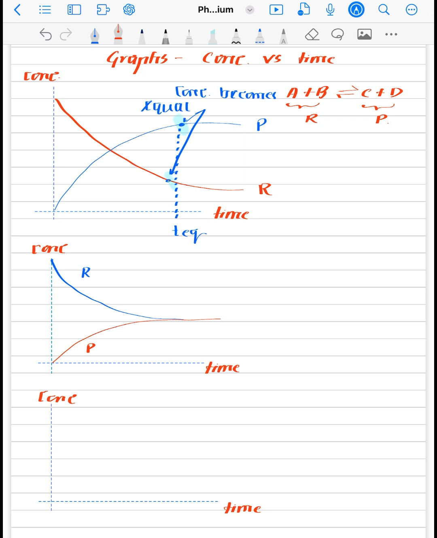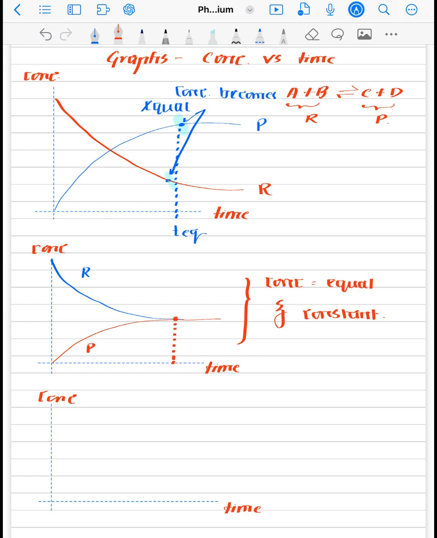In such nature of a graph, one can observe that at one particular time, the concentration of both are becoming equal. This is a very, very important condition. So, here is where the concentration is going to become equal, and of course it is constant. A very important nature of a graph to say that yes, the reaction is in equilibrium.